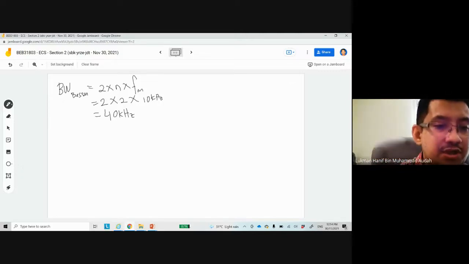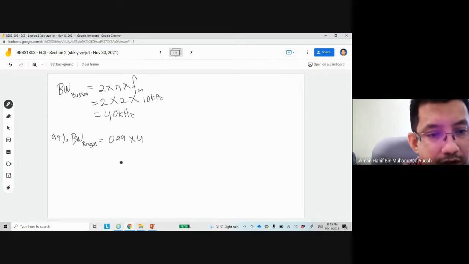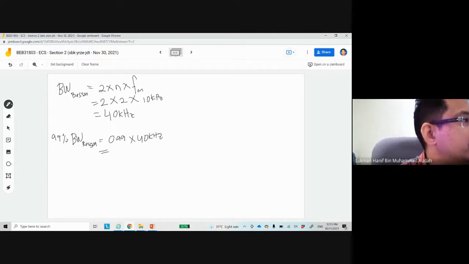So therefore 99% of bandwidth by Bessel is equal to 0.99 multiplied with 40 kilohertz. So this is equal to 39.6.